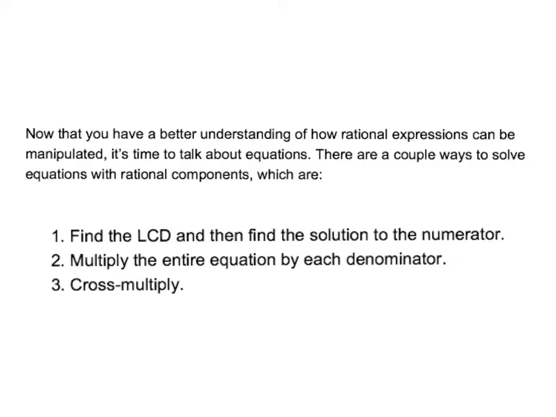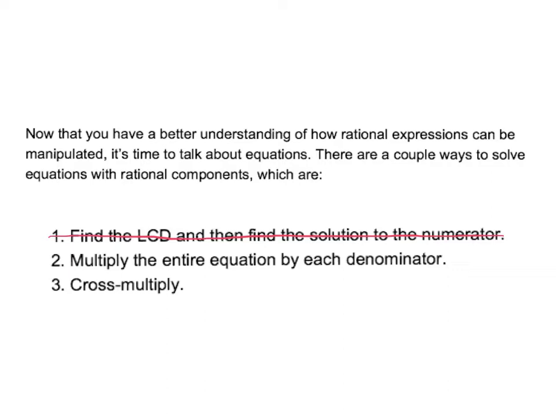The first one is to find the least common denominator, and once you've manipulated the different parts so that each one has the LCD, then you can just set the numerators equal to each other. However, this method is a little bit harder to follow, and we have an easier way of looking at this type of equation, so we aren't going to consider it when we're solving our equations.